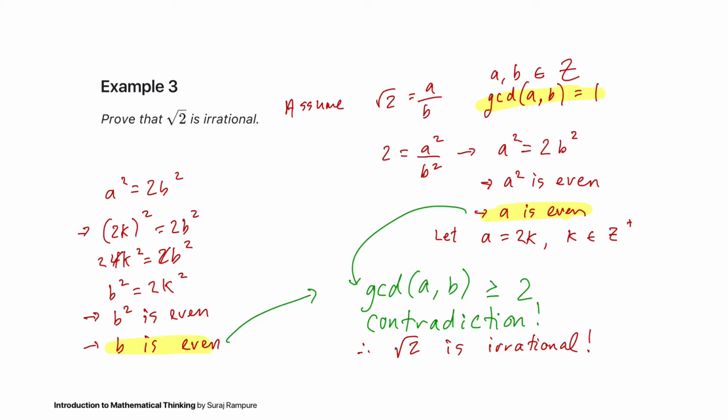So I'm assuming that there exists some way to write square root of 2 as the quotient of an integer and an integer. And I'm just assuming one particular realization of it, i.e. the lowest form version of it.